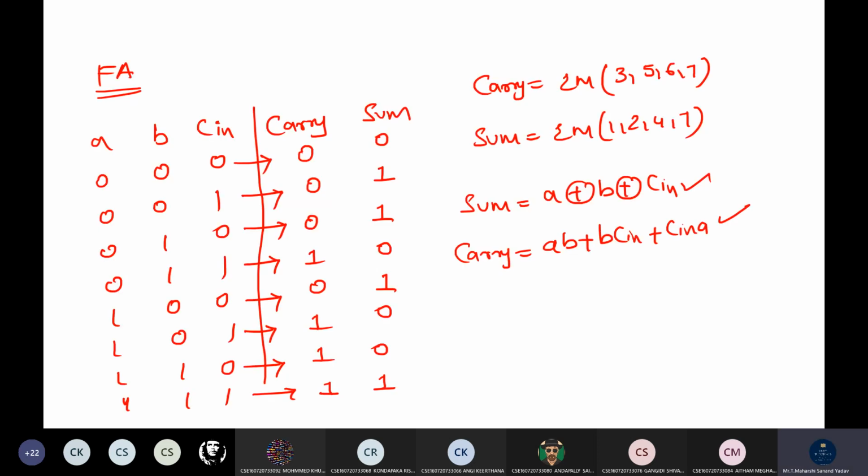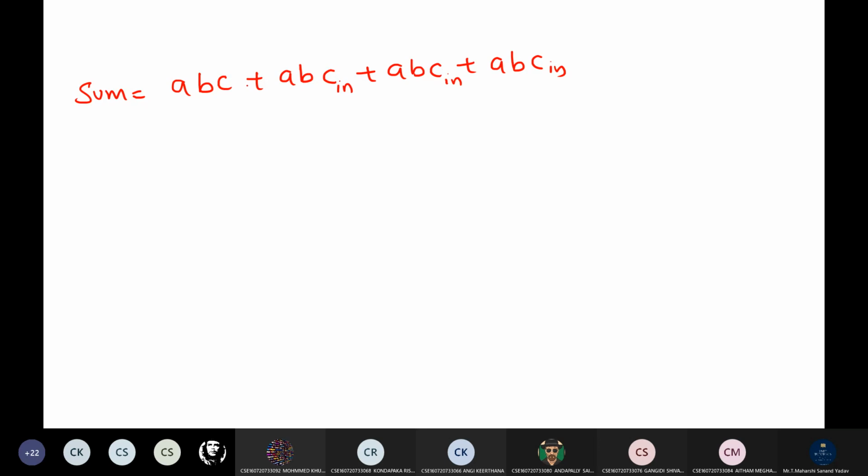Next, suppose you want to draw this particular diagram by using basic gates, how should I draw? Only basic gates I want. How will you expand A XOR B XOR C in? A XOR B is A B bar plus A bar B. Do that with XOR C in.